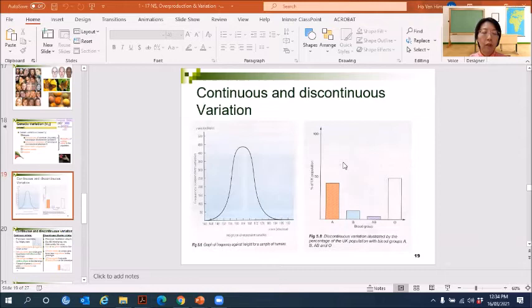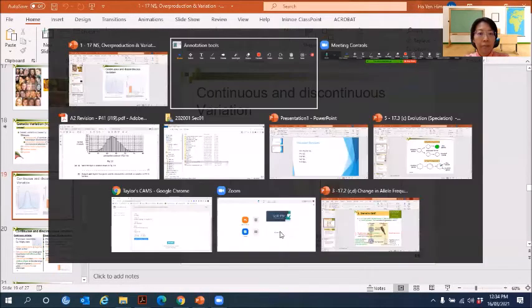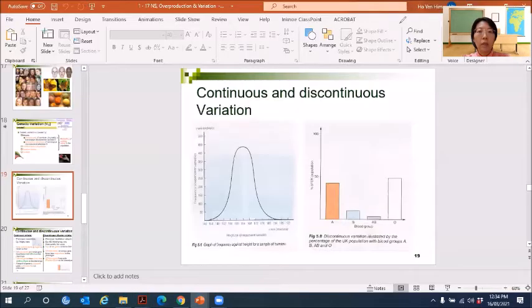Therefore, for the IPD that we showed just now, the x-axis is a value. Even though they plotted the bar chart, if you check the x-axis, they are all quantitative. The moment it is quantitative, straight away it will be the continuous variation.